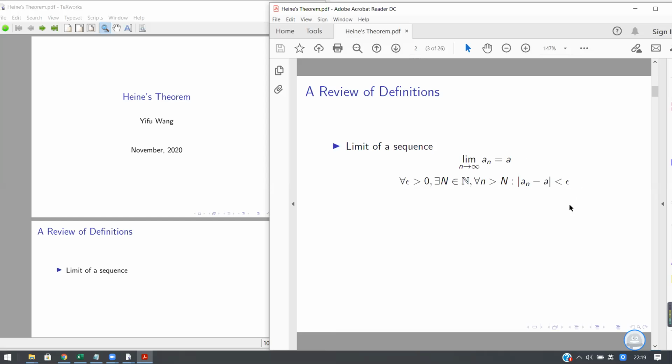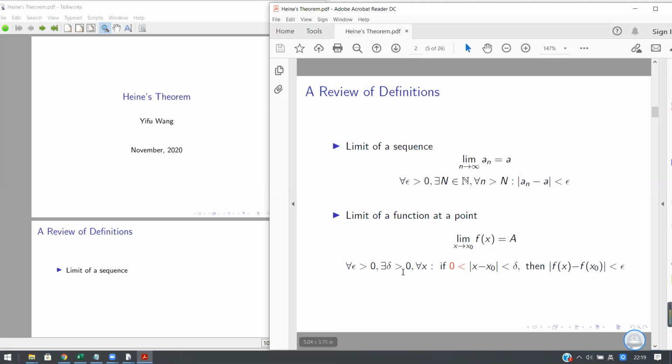In the previous lecture, we also introduced the limit of a function at a point, with a definition in a similar form, epsilon-delta. A real function f(x), when x goes to a real point x0, converges to a.